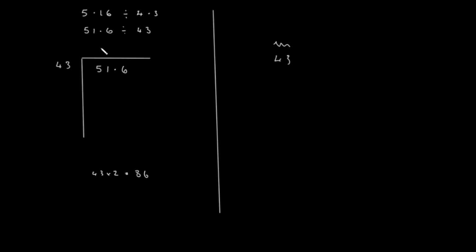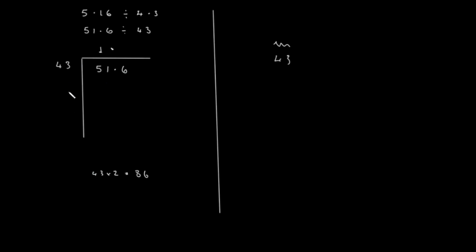So we have 1. Now the odd thing about this is we actually ignore the decimal point at this stage. Is that right? No, we don't. We put it there.